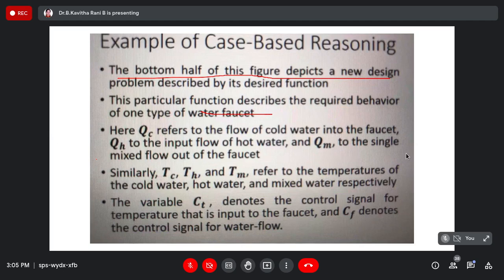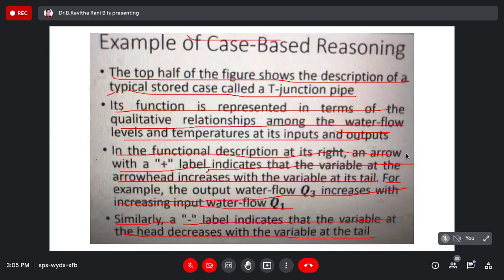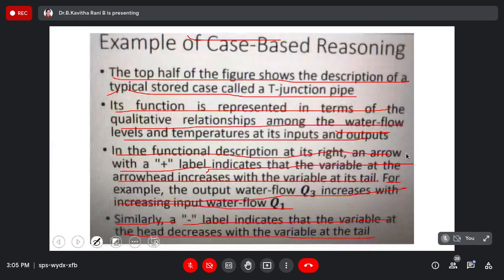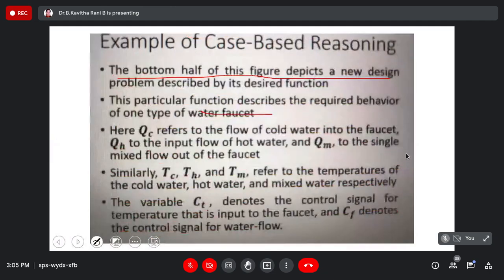So here QC refers to the flow of cold water into the tap, QH to the input flow of hot water, and QM to the single mixed flow of water out of the tap. QM is our output, QC and QH are our inputs.